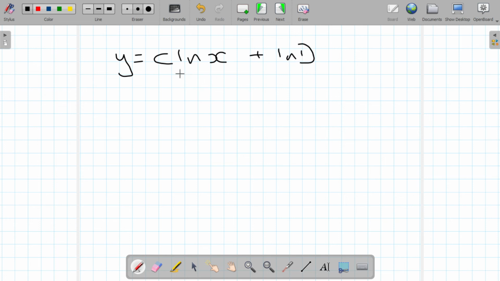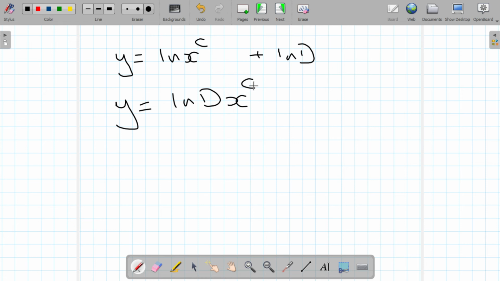Well, actually, let's just erase this c log x, because we can rewrite that c log x as log x to the power c. And so combining these logarithms on the right hand side, we've got y equals logarithm of dx to the power c.